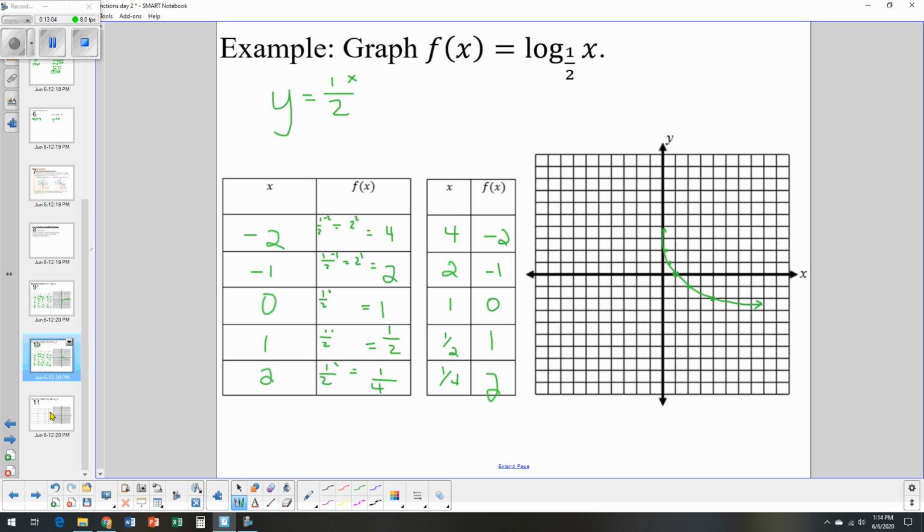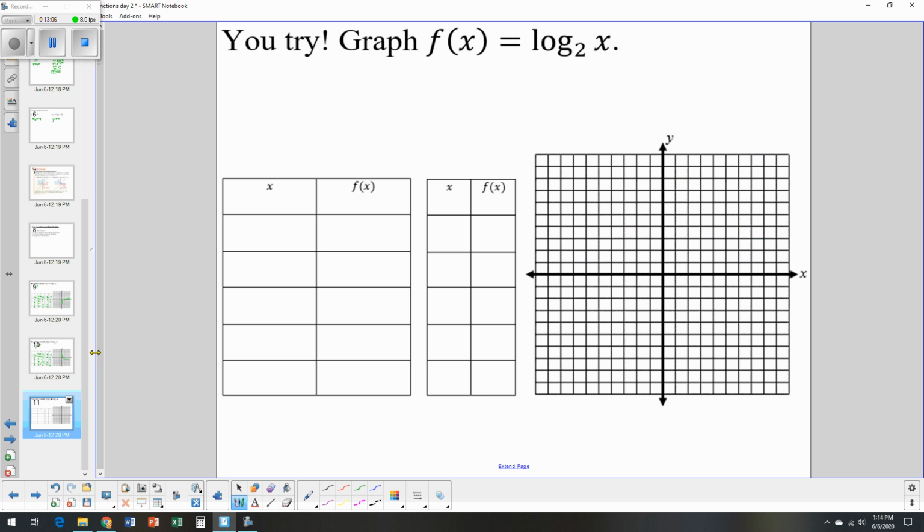So you're going to try the very last one. You're going to graph f of x equals log base 2 of x. So again, find the inverse first, find that table of values, switch them, and graph. Pause, and when you're ready, come back.